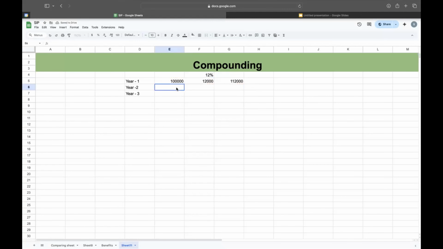Just for simplicity, I'll assume I have paused my SIP and haven't invested anything in year two. So I'll be getting returns on what we have at the end of the first year.